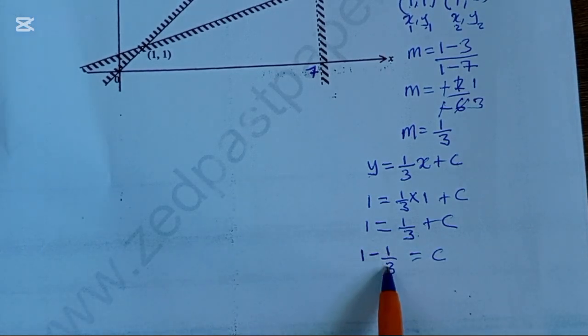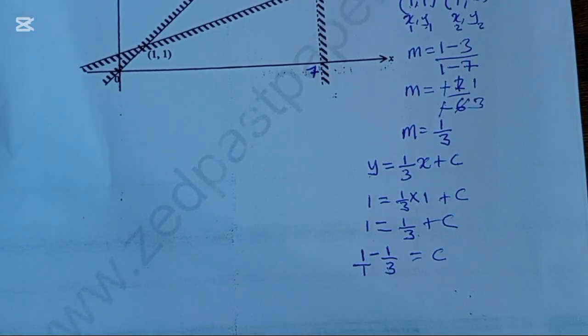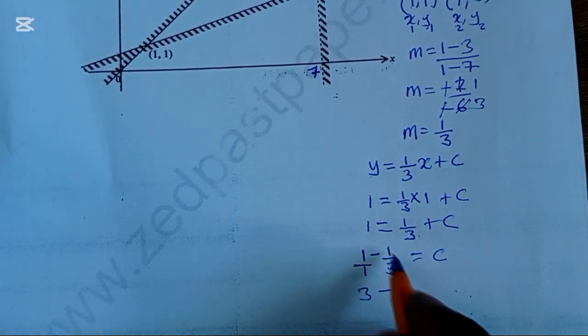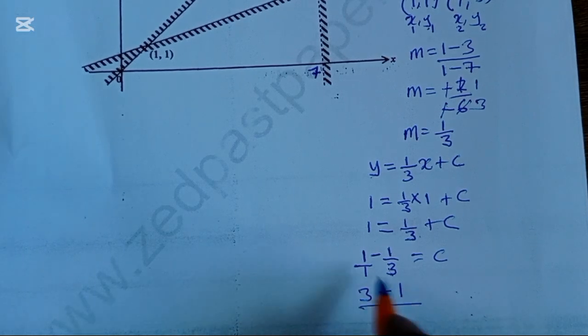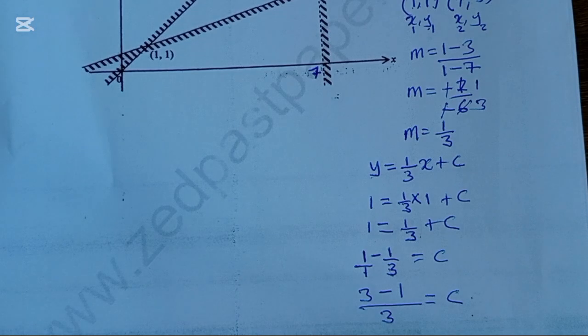So this is a fraction. I can express this one to be a fraction as well by saying over 1. So 3 times 1, that is 3. 1 times 1, that is 1. Over 1 times 3, that is 3, is equal to c.